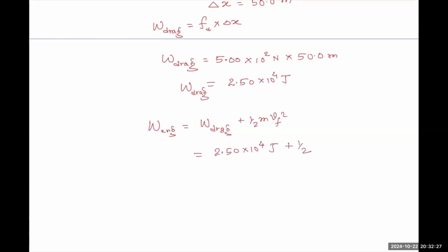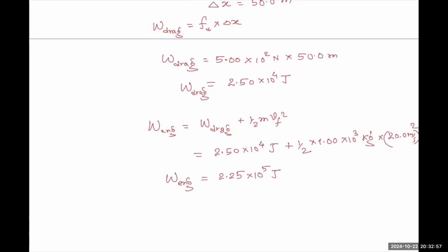It's 100 times 10 to the 3 kilogram times 20 meter per second square, right? And this will give you what? Your engine work is 2.25 times 10 to the power 5 joule.